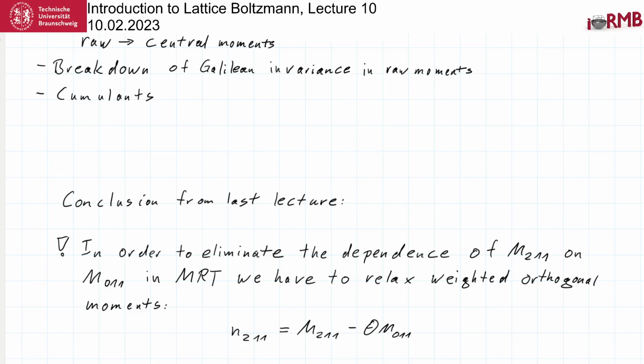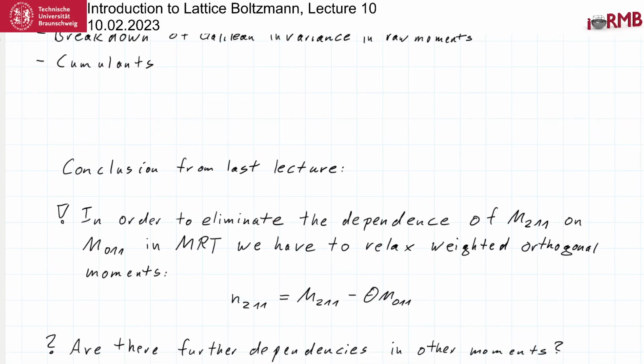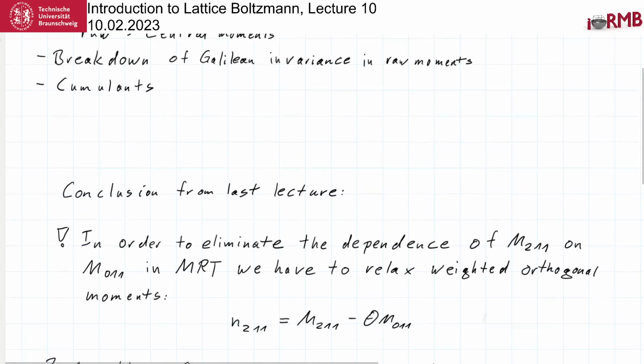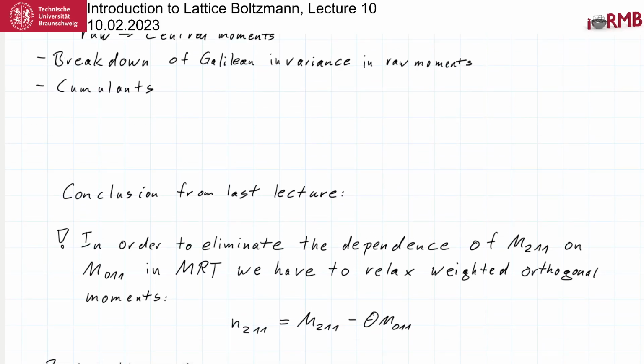However, we could repair it by making it weighted orthogonal, and weighted orthogonal leads to the definition of the new moment, which I now call N211, being M211 minus theta M011. So when we define this moment and we relax it, then this spurious coupling that was not present in BGK disappears also in the MRT.